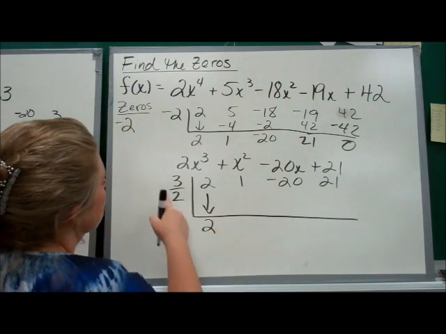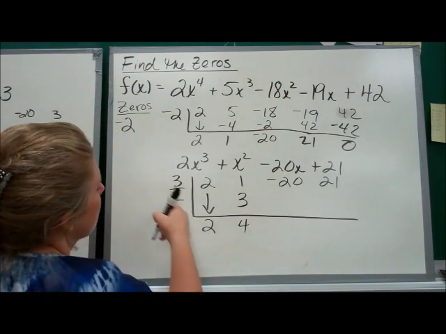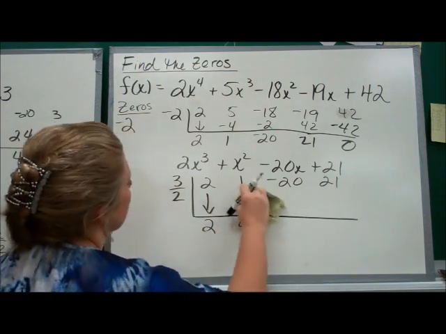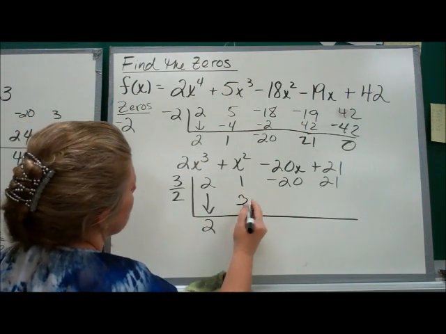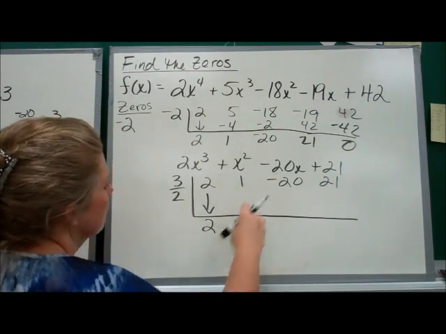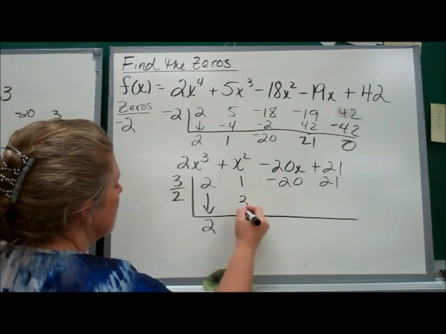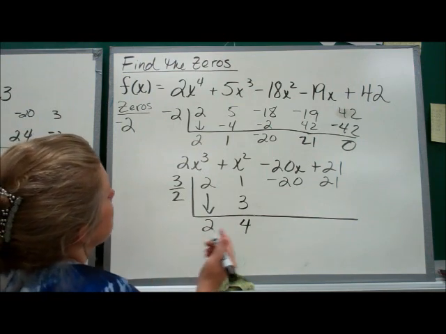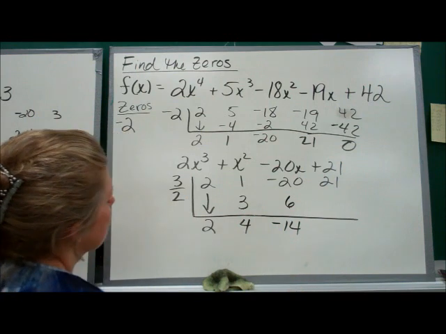Bring down the 2. 3/2 times 2 is 3. Add, that's 4. 3/2, oh, here I am in a hurry again. 3/2, oh no, that was right. I'm losing my mind. Okay, 3/2 times 2 is 3, so that's 4. 3/2 times 4 is 6, so this is going to be negative 14.